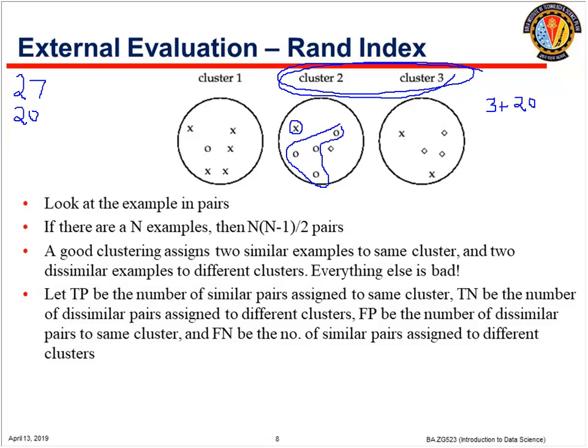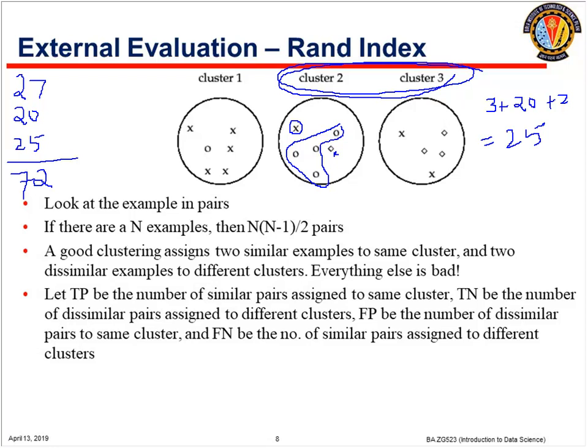Cannot, because the other 3 are diamonds. So plus 2. So that is 25 here. Okay. So if you sum them all up, you get the true negative. So that is 72, the true negative.